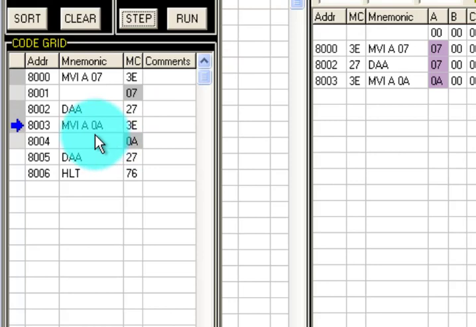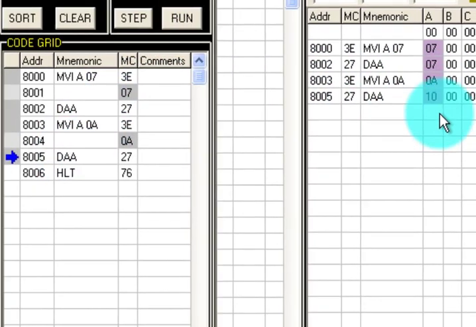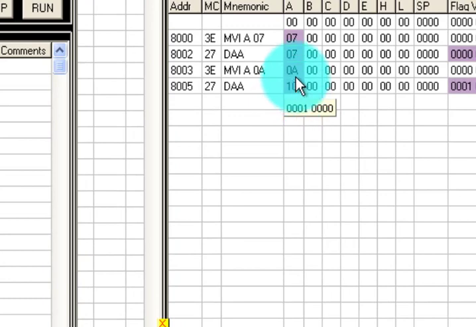Now with the next step we have 0A stored in register A. This A is not a valid BCD code, and with DAA this becomes 10. 10 is a valid code, and A is actually hexadecimal for 10 in decimal, so DAA does this conversion.